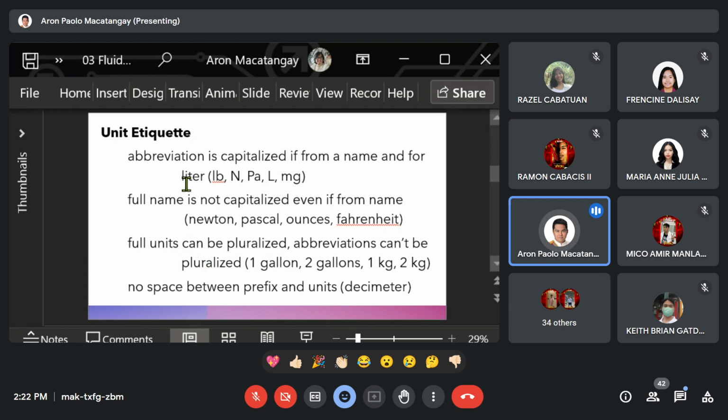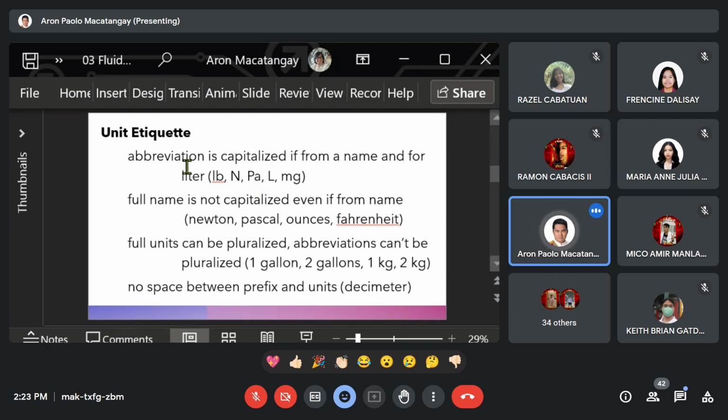Next, the abbreviation of a unit is capitalized if it comes from the name of the discoverer, with a special case for liters. Liters do not come from a name but are capitalized. So if it comes from a discoverer like Newton and Pascal, the first letter is capital.